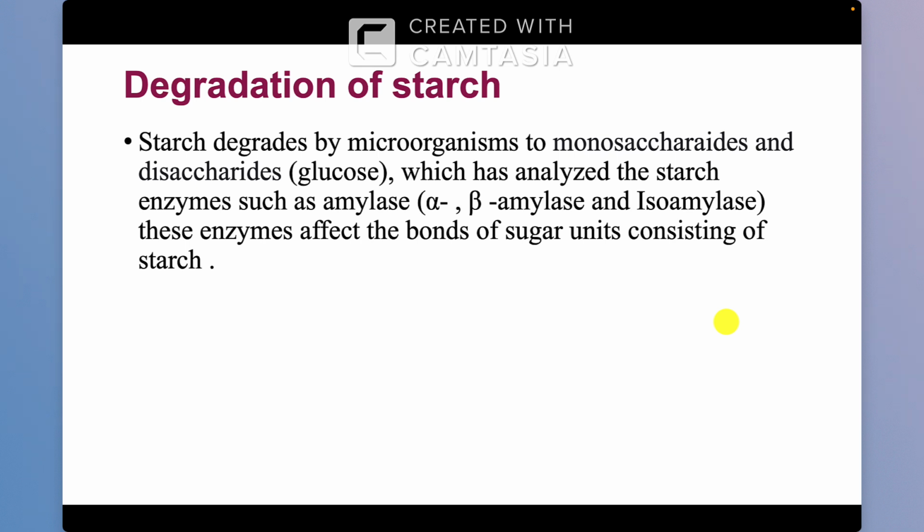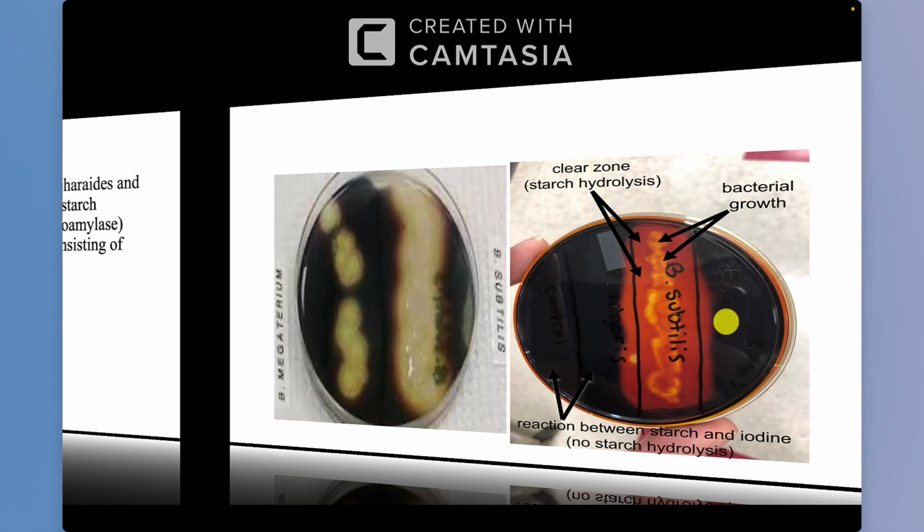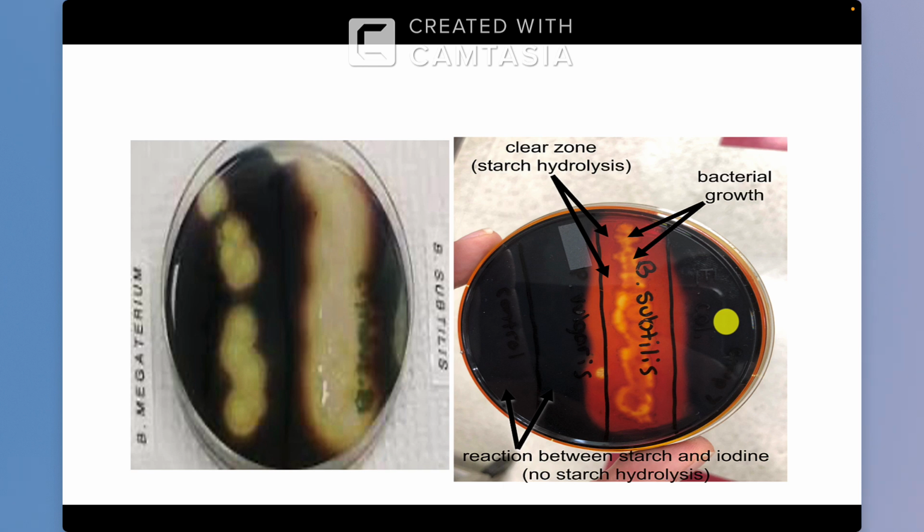Starch, as you know, is a polymer of glucose, and microorganisms produce enzymes, amylase, alpha and beta amylase. These break down the starch into its units, which is glucose. How can I detect starch hydrolysis by microorganisms in the soil?